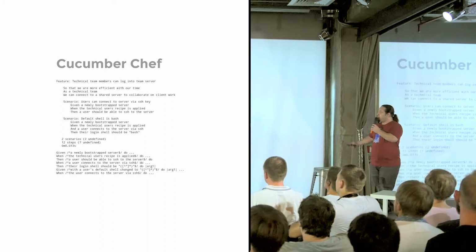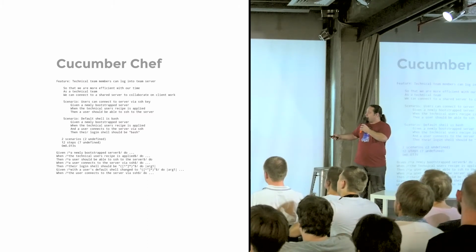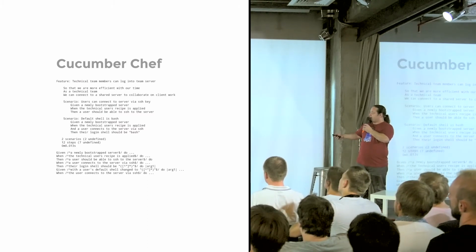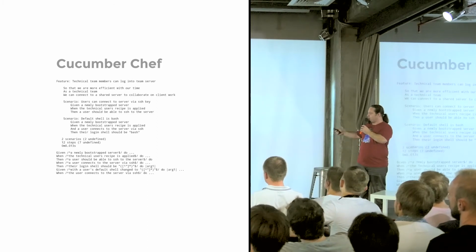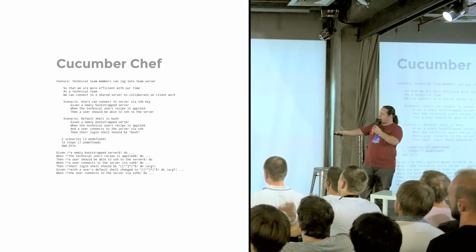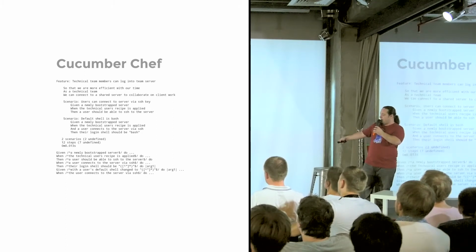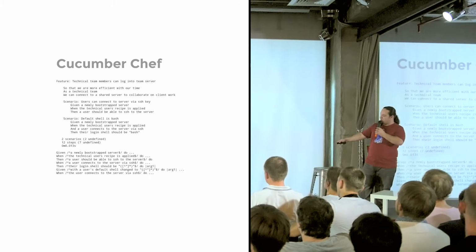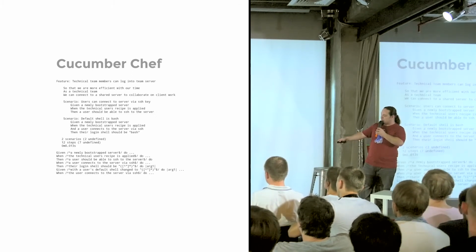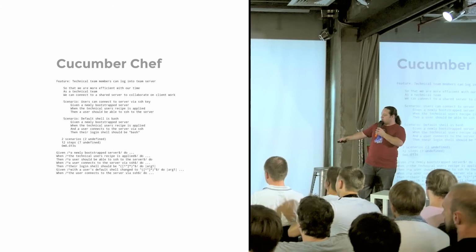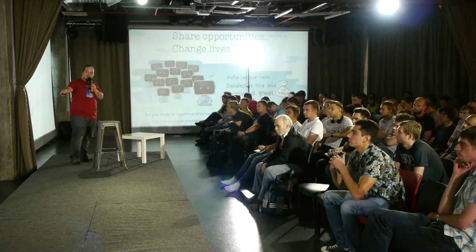Cucumber Chef is much more verbose, as I said. I won't even read this, but you write scenarios with given, when, and then, and you run them, and on the side you have code that, given a regular expression, writes what needs to be tested for each of these lines.